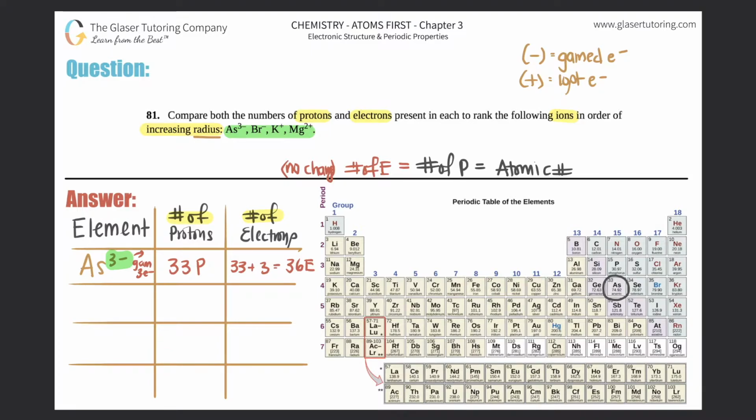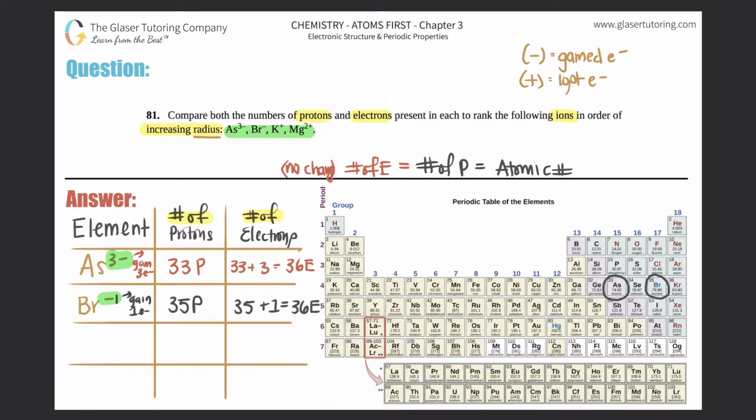Let's say that we now have Br-, bromine, and bromine is over here on the periodic table. Bromine has 35 protons. That never changes. But now it's telling me that it's a minus. There's no number here, so we assume that it's a -1. So that means that it gained 1 electron. So 35 plus 1 is 36 electrons.